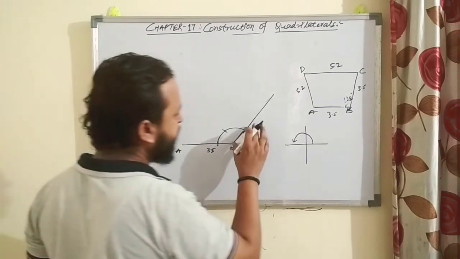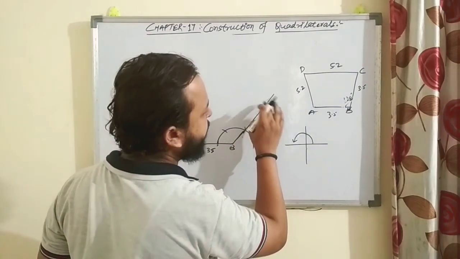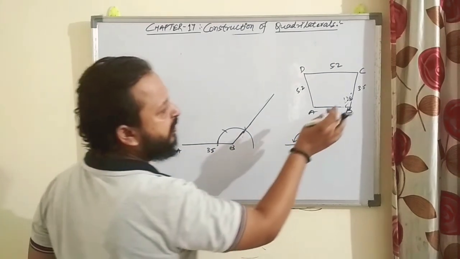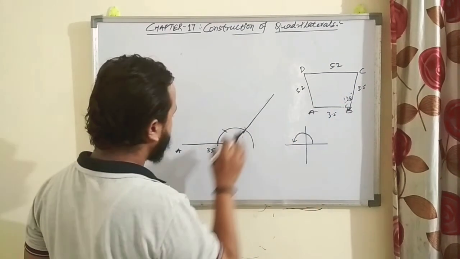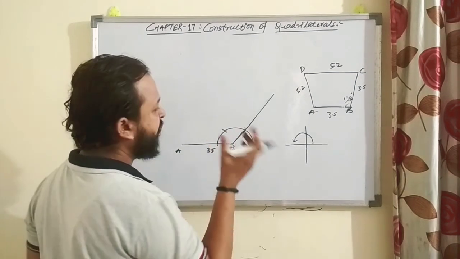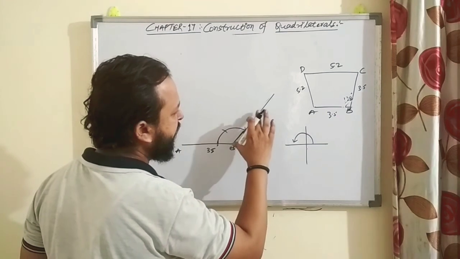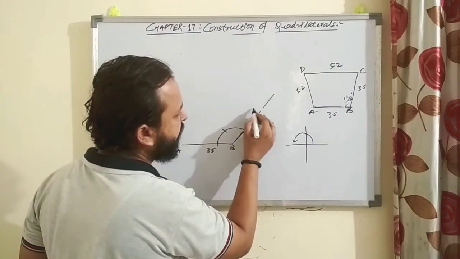So here B is given, above B it is point C. BC is also 3.5, so take the length 3.5, take B as a center and mark an arc.